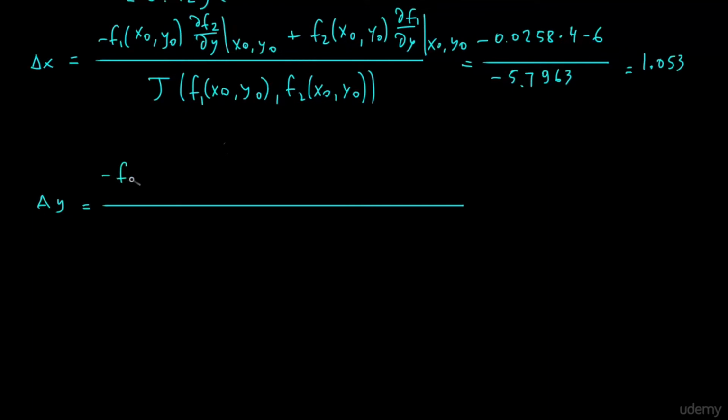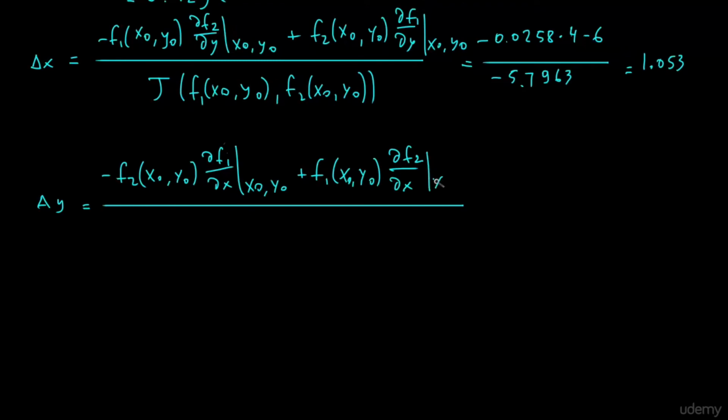So this is going to be minus f2 at a point x0, y0 times del f1 by dx at a point x0, y0, plus f1 at a point x0, y0 times the partial of f2 with respect to x, once again at a point x0, y0, all divided by the Jacobian of f1 of x0, y0 and f2 of x0, y0.